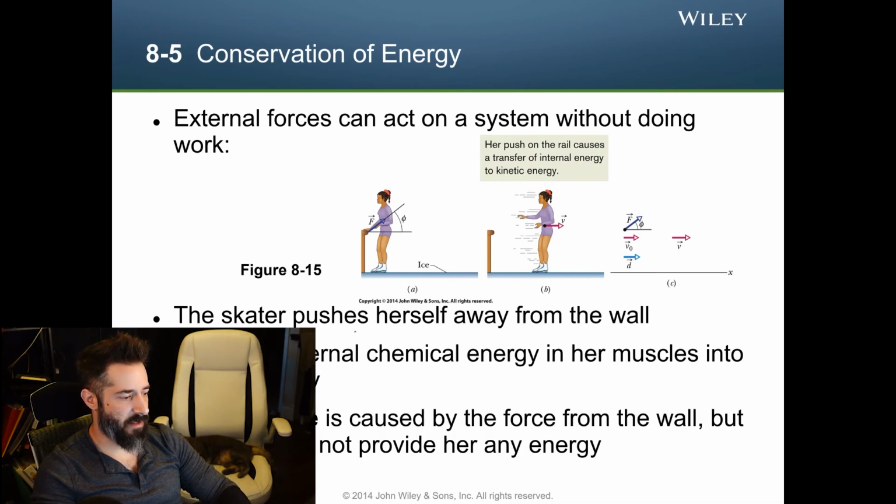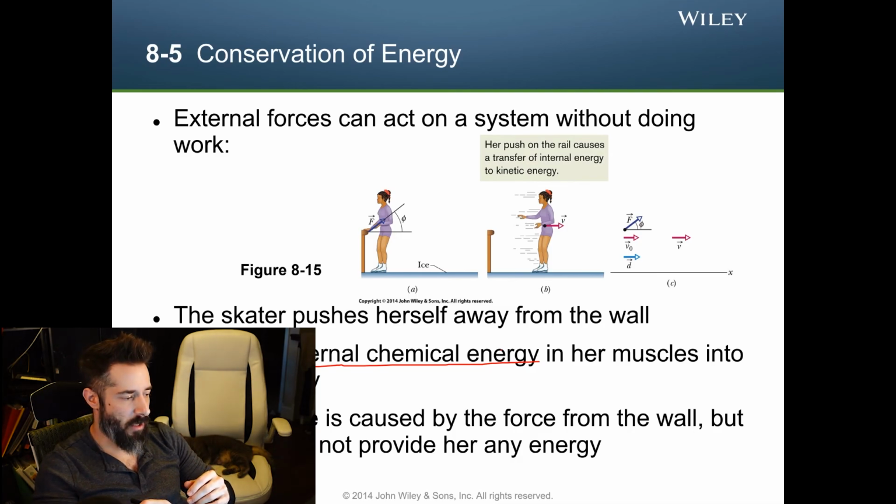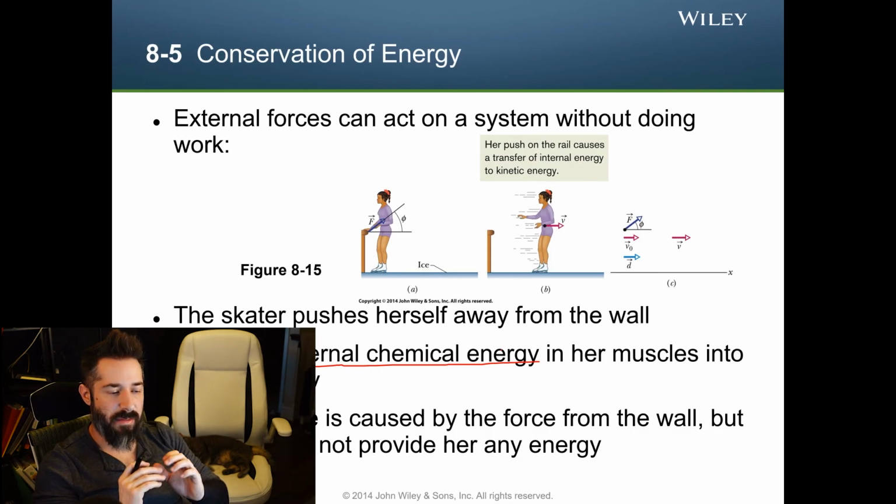So the wall is technically the thing pushing against you. But because we're looking at energy and not the forces per se, the internal chemical energy that she got when she ate food has allowed her to push. And then when she pushed, the wall pushes against her, so she goes flying backwards. That is the initial force, so that's the initial energy that was put into the system.